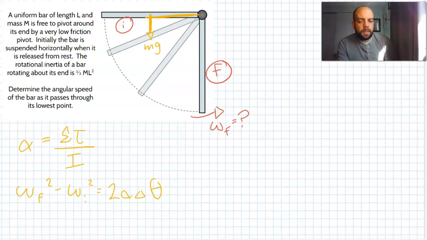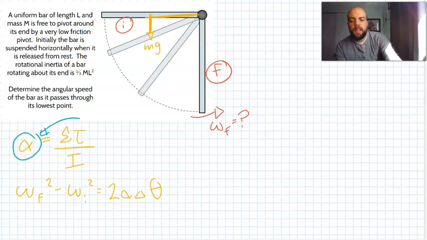The problem with this, though, is this angular acceleration right here is not constant, because this torque is not constant. If we look at the bar at a later point, the force of gravity is pulling this way, but we have changed our angle.